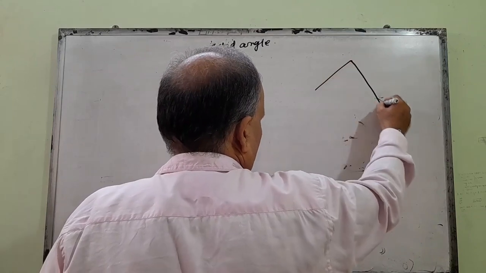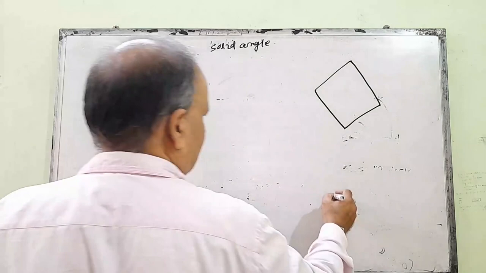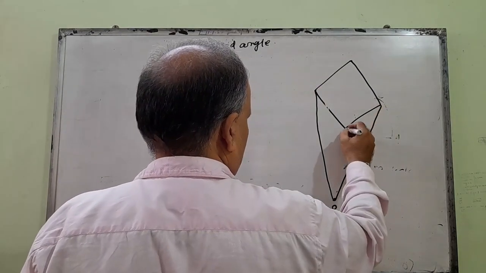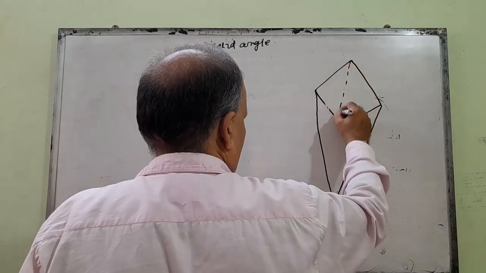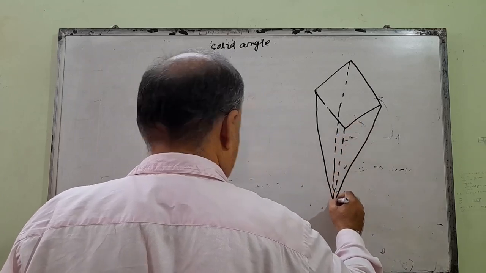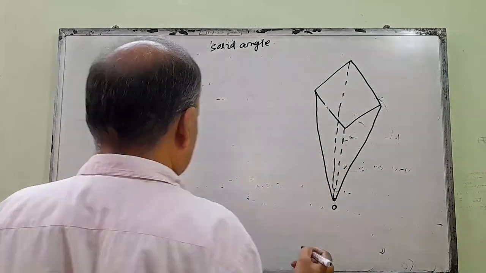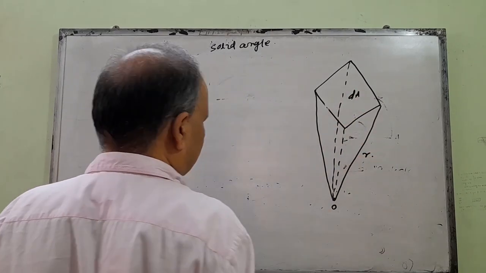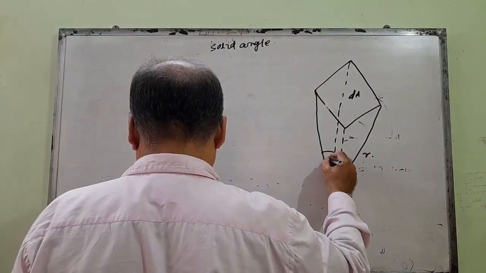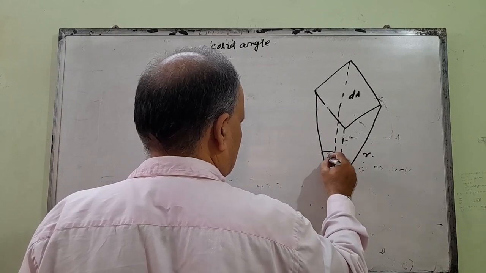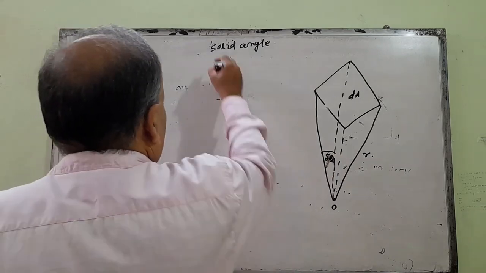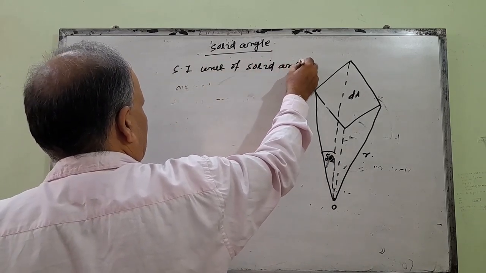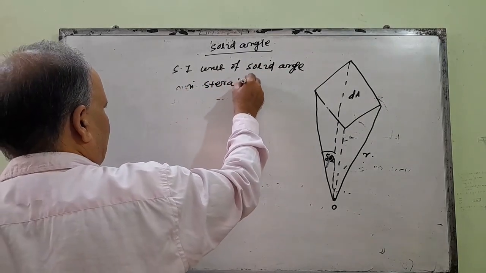Suppose you take the center, and suppose this area is dA and this is your R, and this is your d omega. The SI unit of solid angle is steradian, or you can say sr.